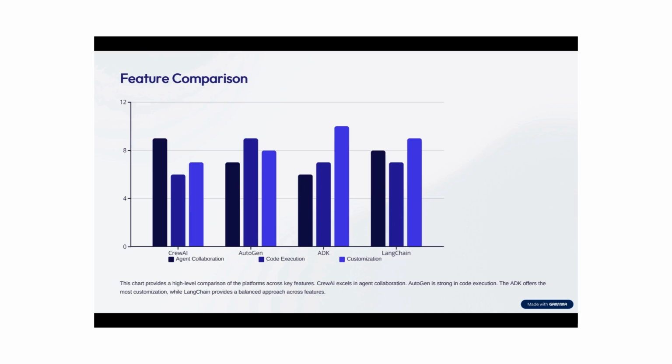The third is customization. Customization is quite high in Google's ADK, and I would say quite similar customization is available in LangChain also, because the way Google's ADK is structured, it is quite near to how CrewAI works. It has roles, it has tasks, it has integration with different tools.